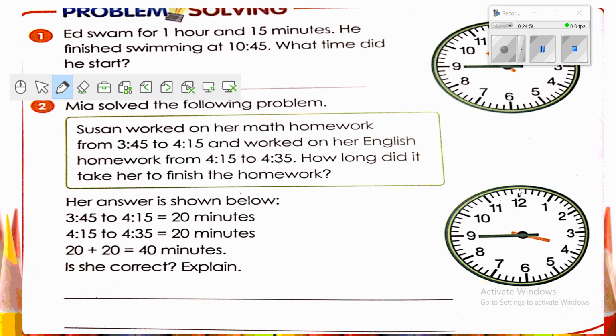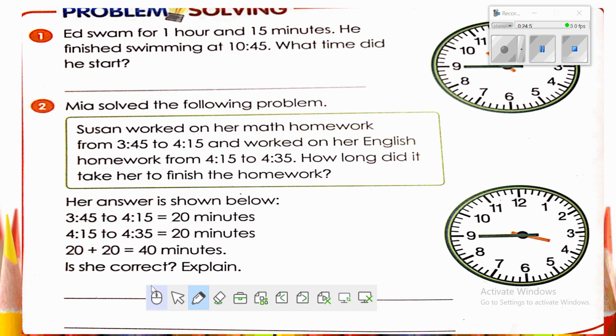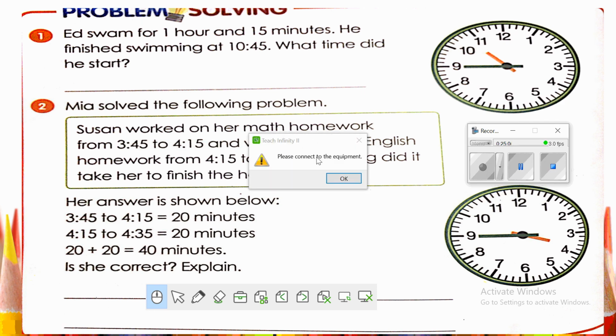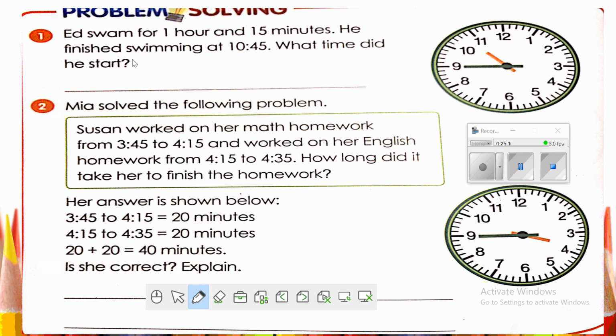Here is the problem solving. Ahmed swam for 1 hour and 15 minutes. He finished swimming at 10:45. What time did he start?